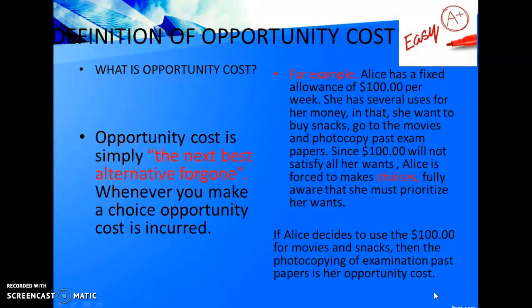The accountant measures cost in terms of dollars and cents, while economics measures cost in terms of what is given up, or the sacrifice of one option for another. And this type of cost is called opportunity cost. So we see that Alice had to give up the photocopying of papers in order to get the movies and the snacks for the $100. So this is her opportunity cost, right?